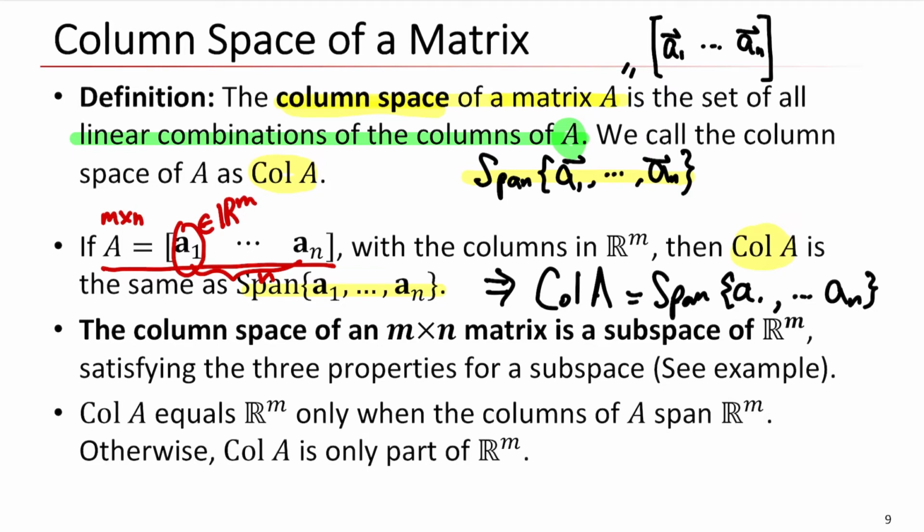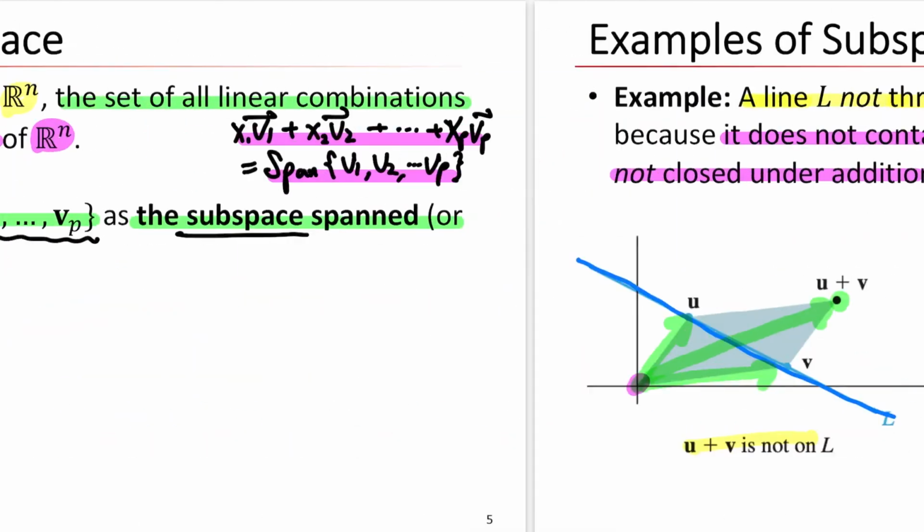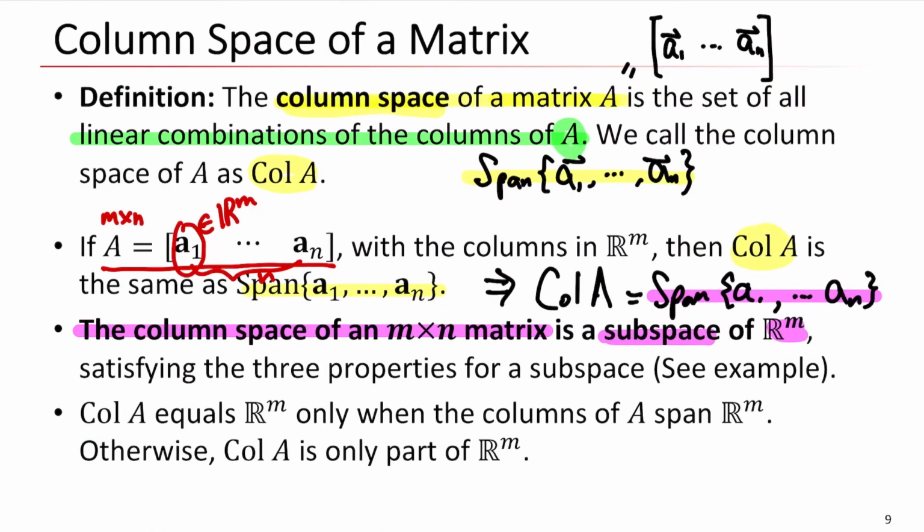Then, in other words, the column space of an m by n matrix is a subspace of Rm. Why? Because the column space is the span of the column vectors. So it means that this is a subspace of Rm.